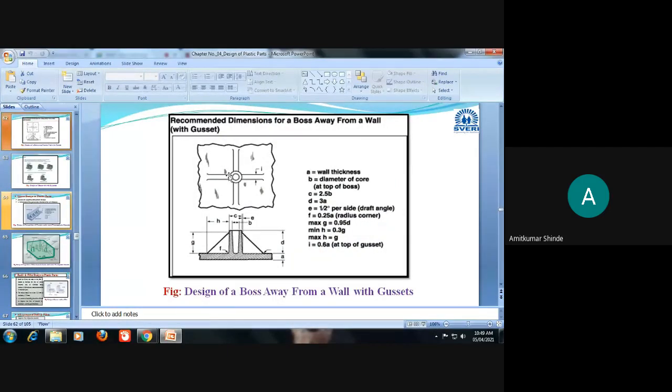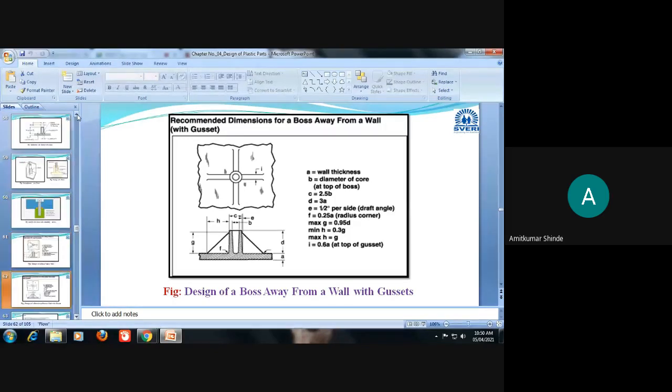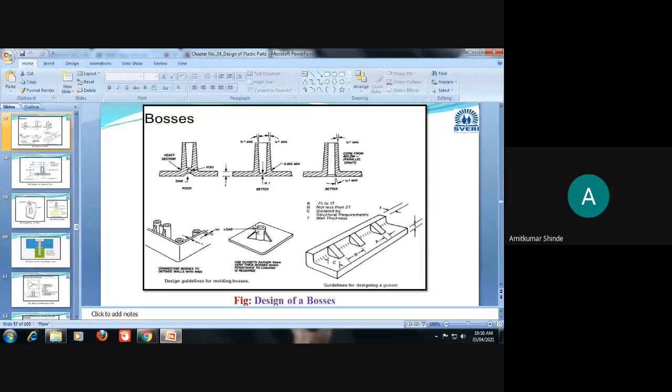This is the boss, the central boss, and from four sides we are going to provide the ribs. Here these are just sides, but the ribs will be rectangular in shape.